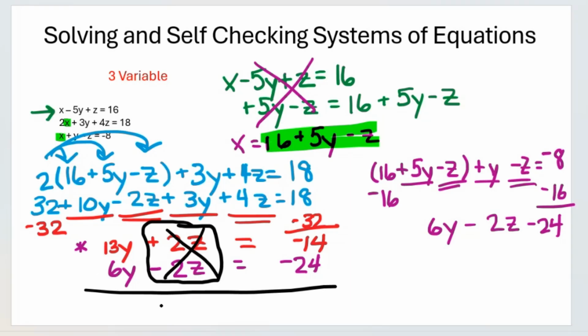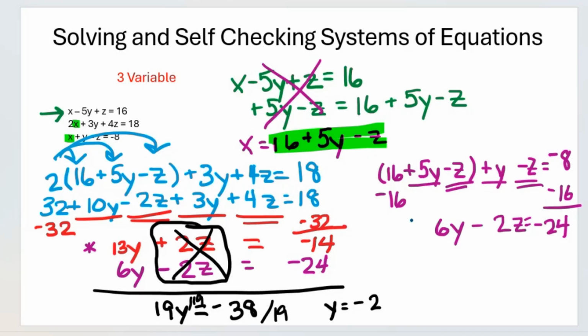So 13y and 6y is 19y. And negative 14 and negative 24 is negative 38. We divide by 19 on both sides. And I get that y equals negative 2.